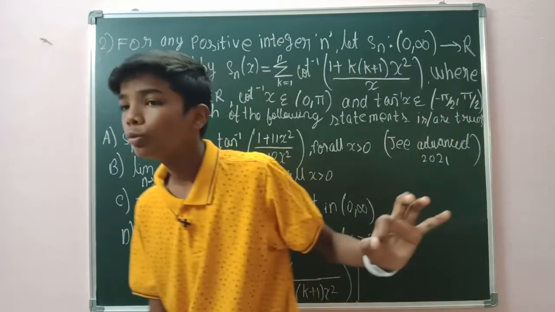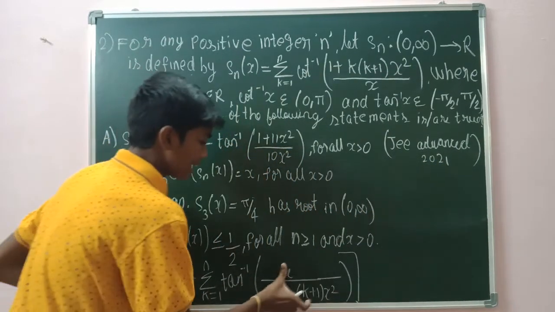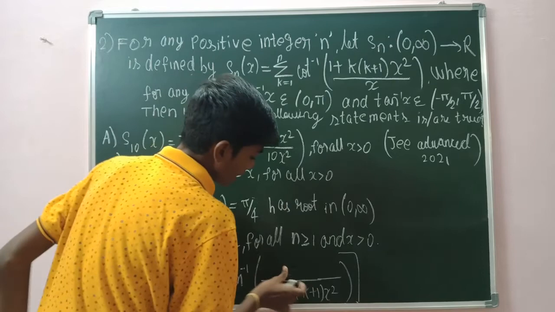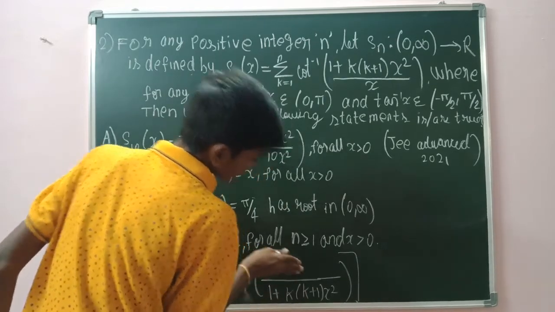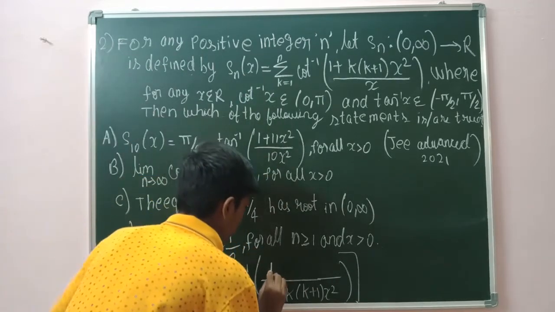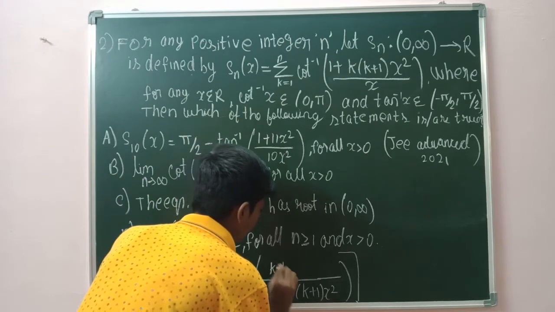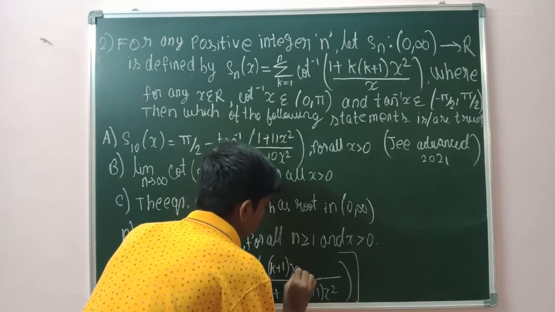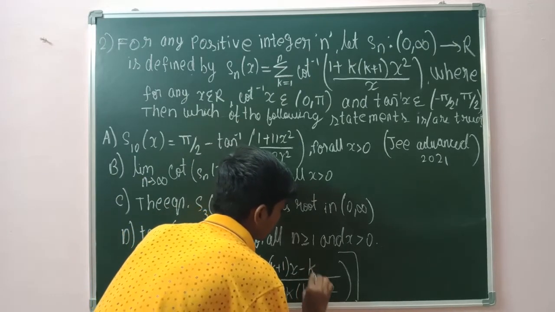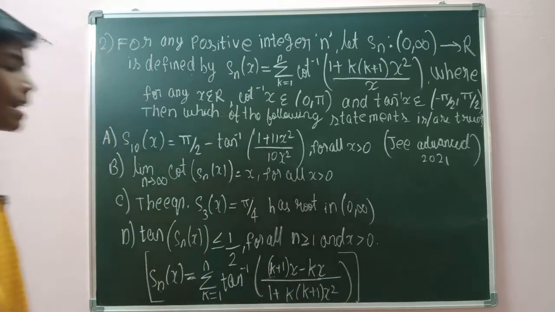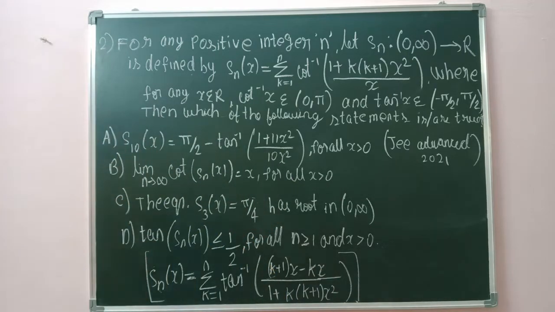So, listen carefully, can't I write this x as (k plus 1) into x minus kx? Think carefully and say, can't I write x as (k plus 1) into x minus kx?